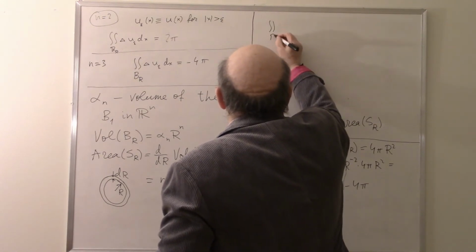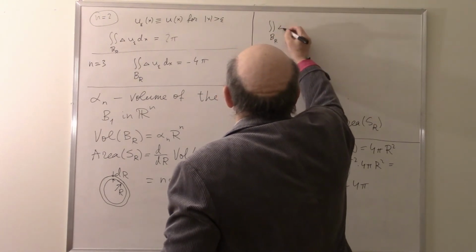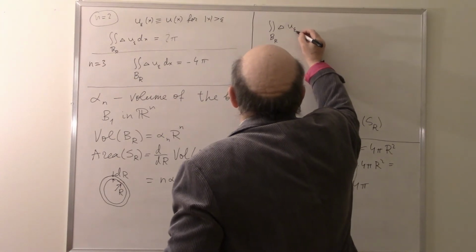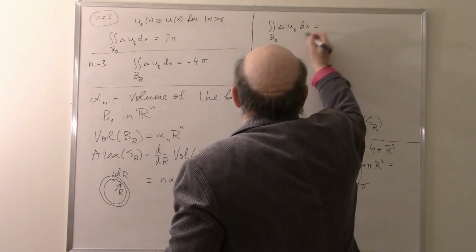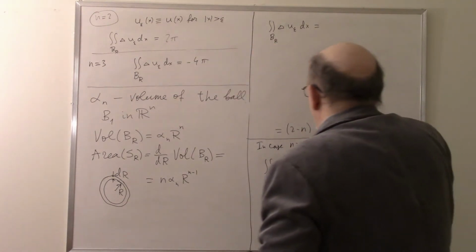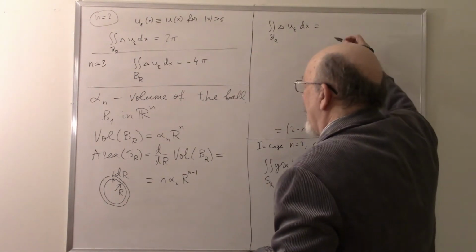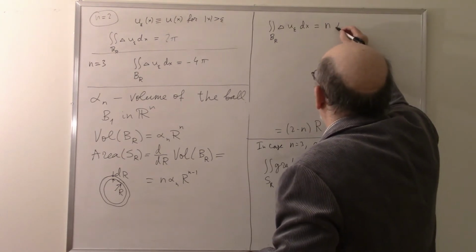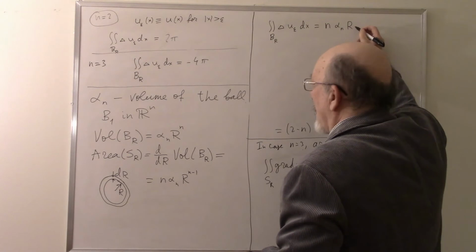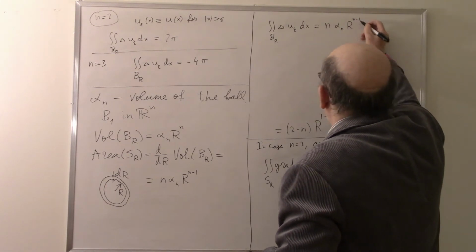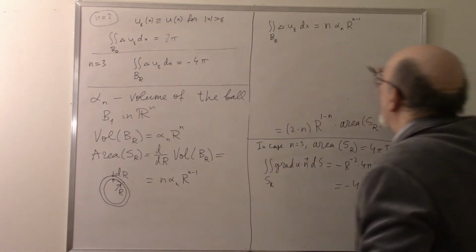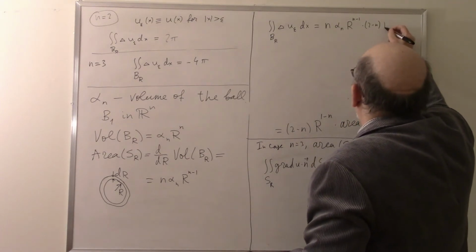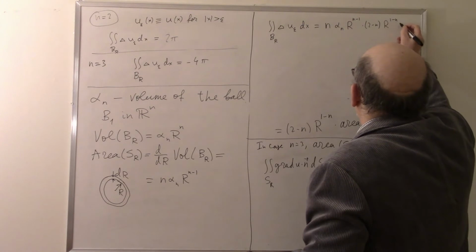And so we see that the integral over B_R of Laplacian u_epsilon dx equals n α_n r^(n−1), which is the area of S_R, times (2−n) r^(1−n).